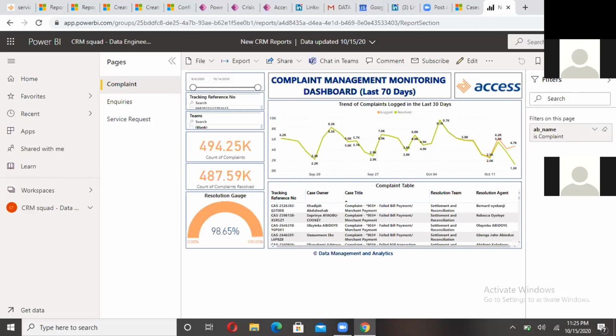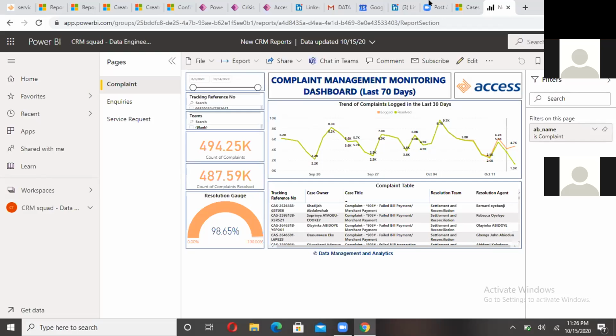Another cool thing is, I have a dashboard here, and I can share this with management. I can share this with, say, the head of customer experience in the bank. So as the head of customer experience, she knows how the bank is faring in terms of complaints logged in the bank.